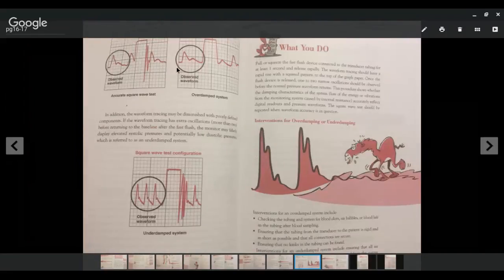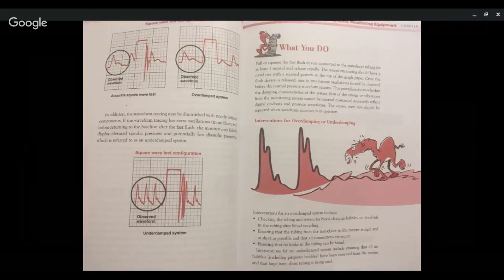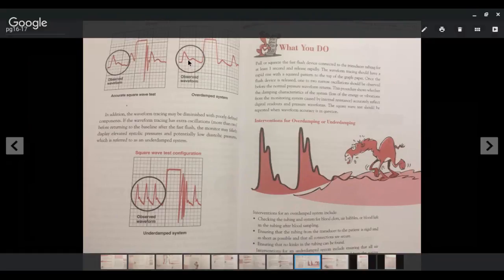So it's overdamped here. So the upstroke is slurred. That's shown as slurred.